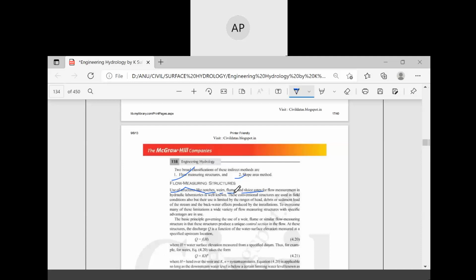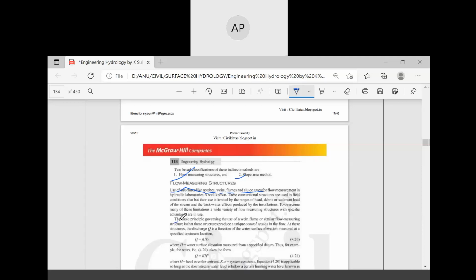So there are some indirect methods of finding the stream velocity. These are flow measuring structures and the slope area method. Flow measuring structures include notches, weirs, flumes, and sluice gates for flow measurement in hydrometry as well. These conventional structures are used in field conditions also, but they are limited in range of head, debris, and sediment.